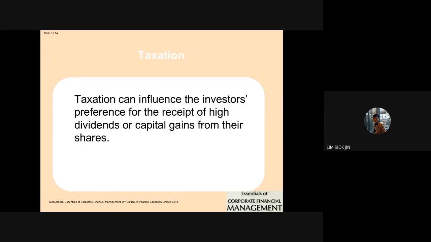All right, so in the next slide, we learned that tax can influence investors' preference for high dividends or capital gains from the share. Another thing about dividend is when a company gives you dividend, it is actually an income for you. You are the owner, the shareholder. When you get dividend, this dividend is an income, just like you working.